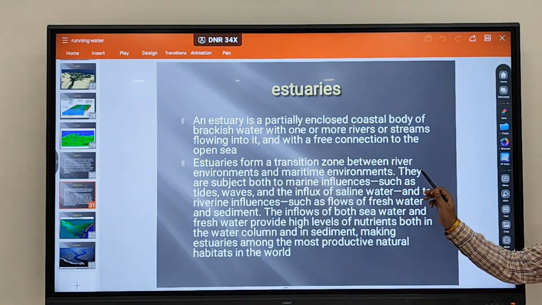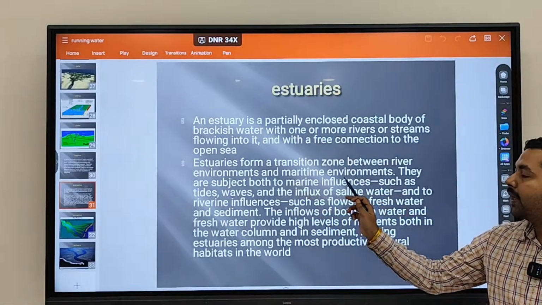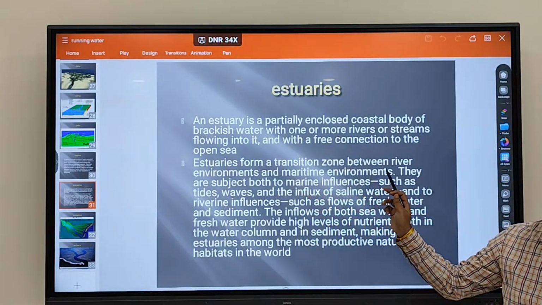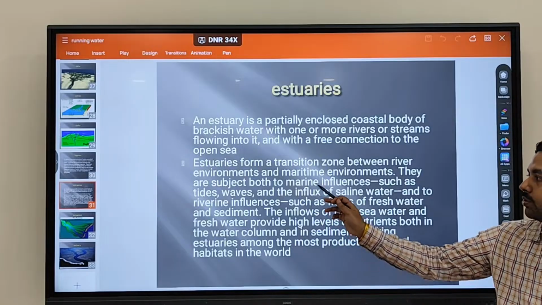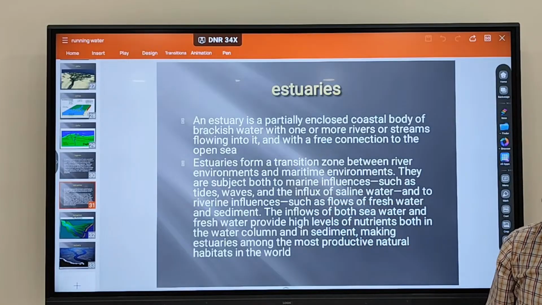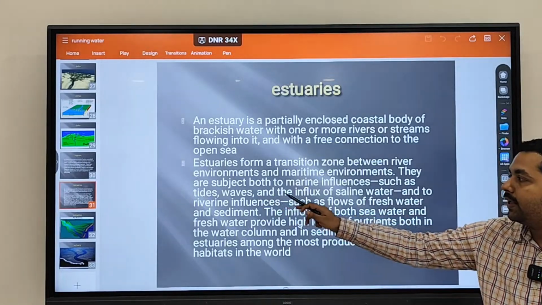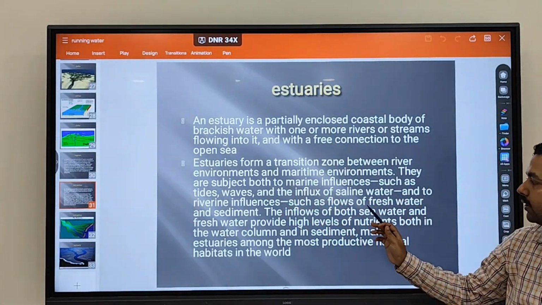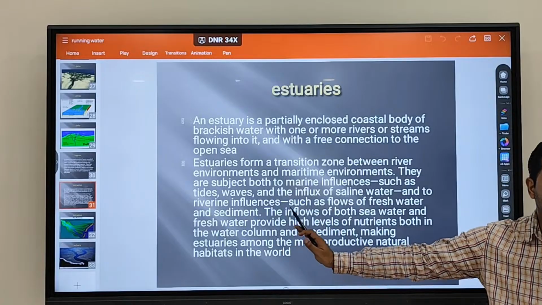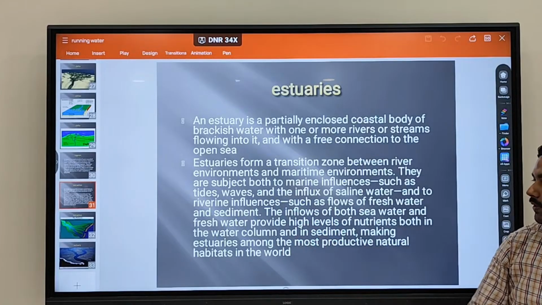Now, it is a transition zone between the river environment and the marine environment. Clear? The river environment is the freshwater zone, and the marine environment is the saltwater zone, and they are subject to marine influence such as tides, waves, and influx of saline water or fresh water. Both are present in estuaries.